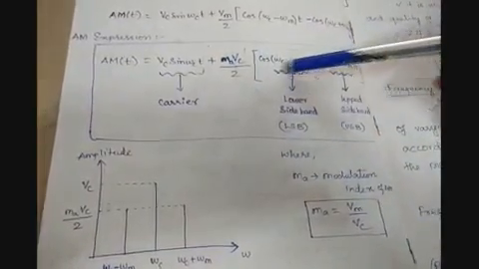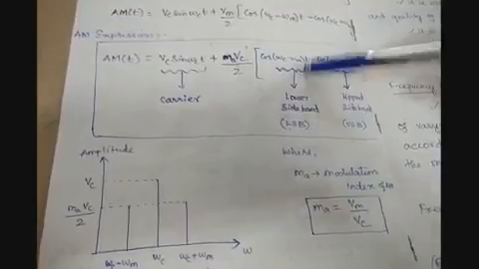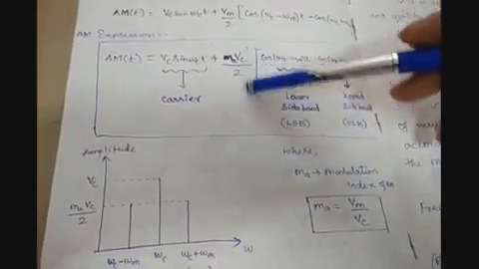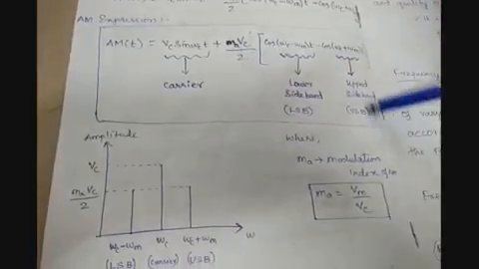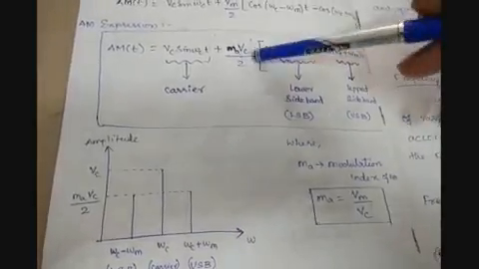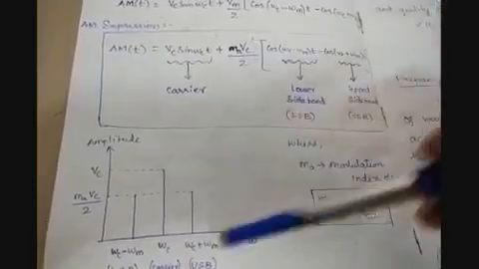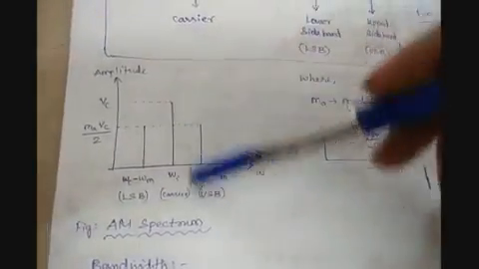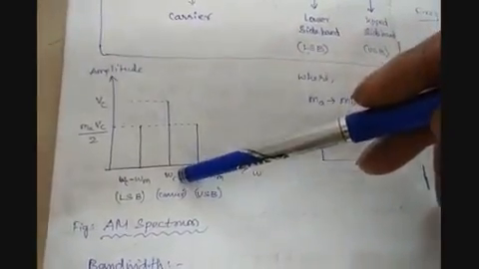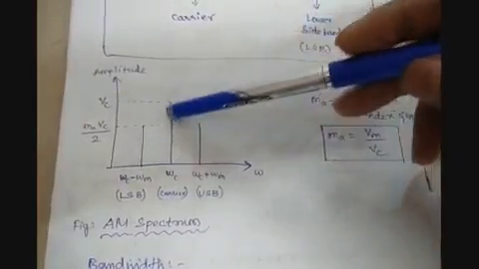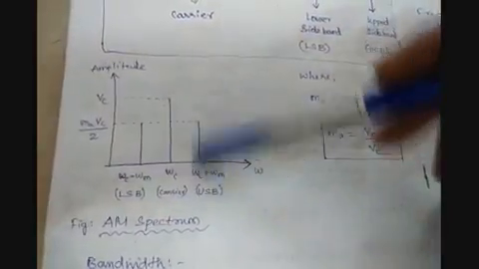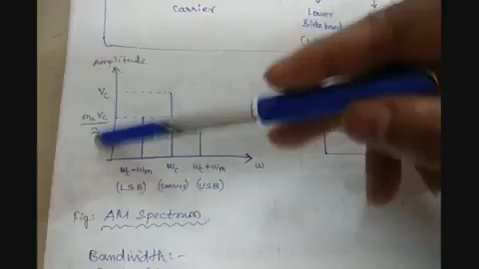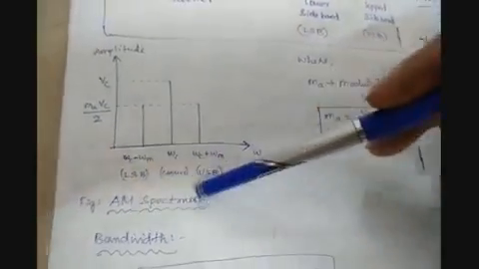With respect to omega c minus omega m, that is the LSB, what is the amplitude? MA Vc by 2. And in the USB, the same amplitude, MA Vc by 2. That is what we plot in the graph. So this is the AM spectrum.